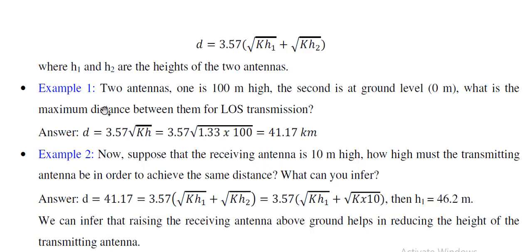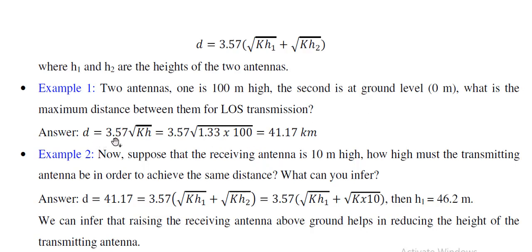Here are two examples. We have two antennas. One is at 100 meters and the second one is at ground level, which means the second one has height equal to 0. What is the maximum distance between them using the line of sight transmission? So we apply the first formula.